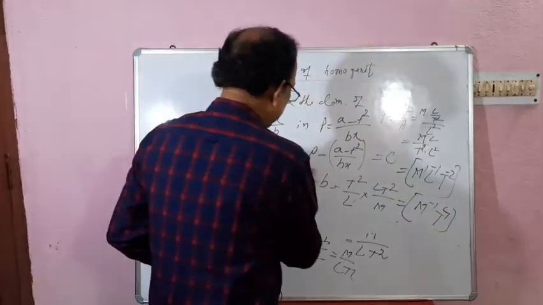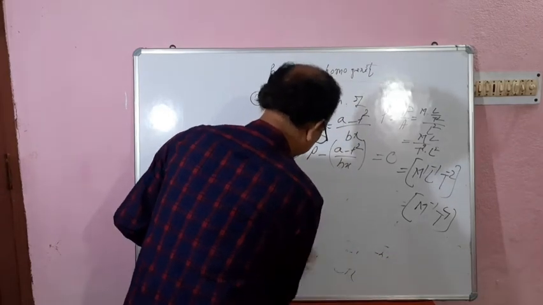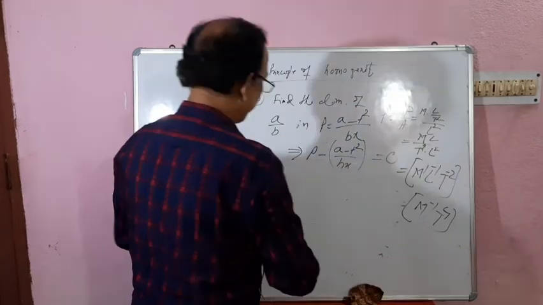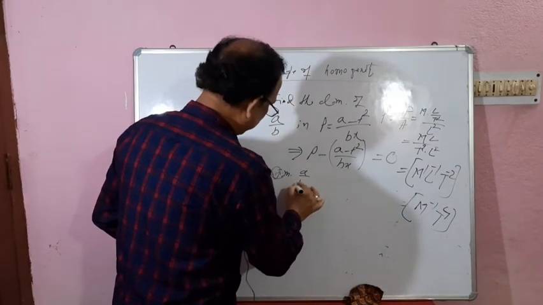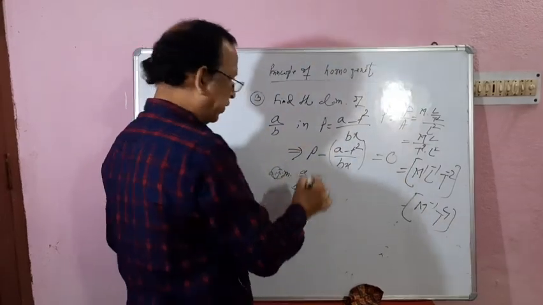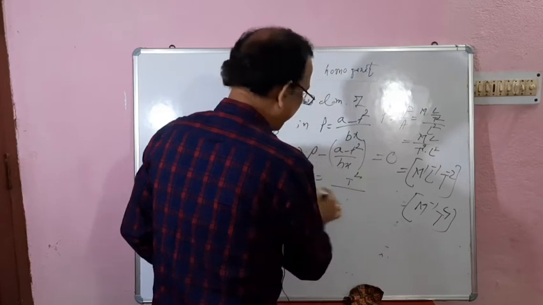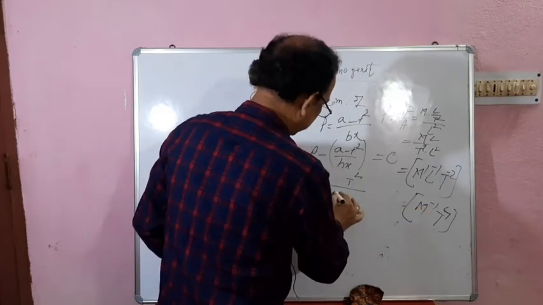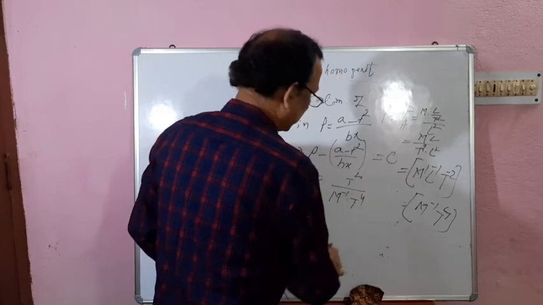So what is A by B? So dimension of A by B is equal to dimension of A, T square, by B, m minus 1 T 4.